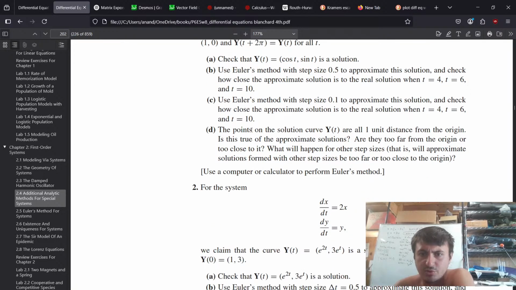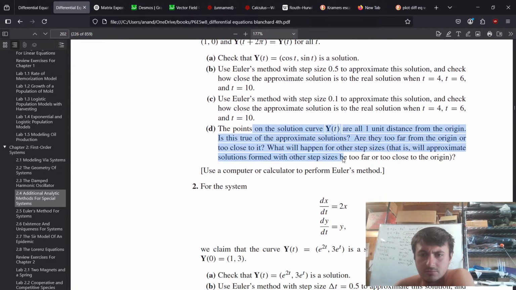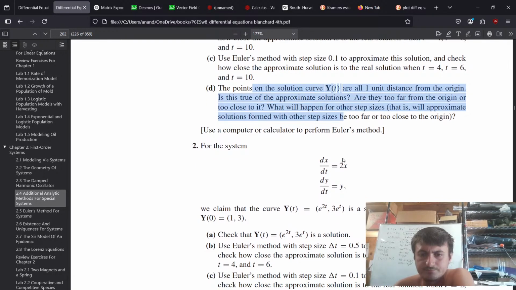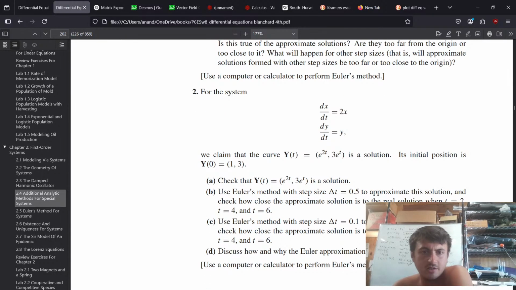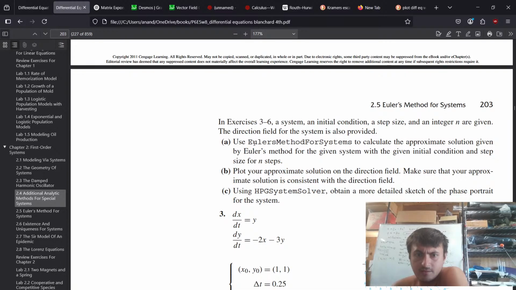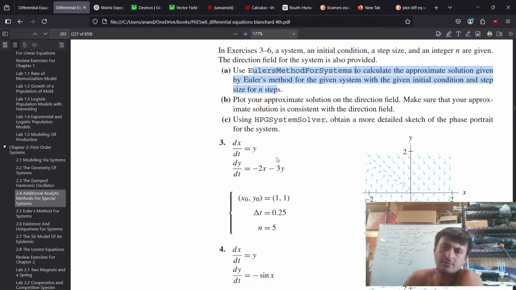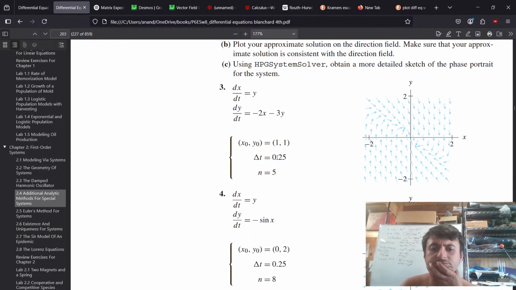The points on the solution curve are. They diverge eventually. Check it, simulate it, discuss. Okay, it's all simulation, right? So I might skip this section and we're just going to jump to 2.6.